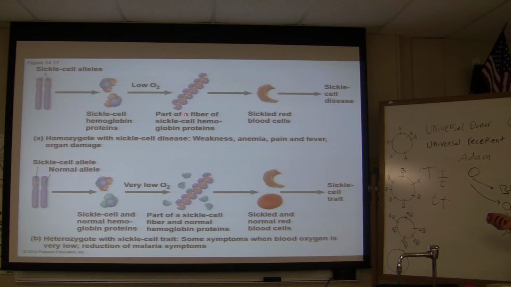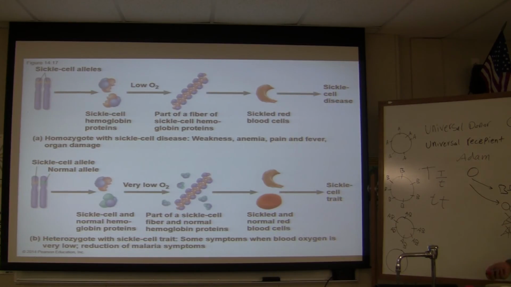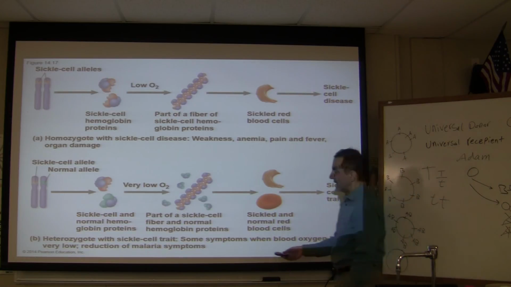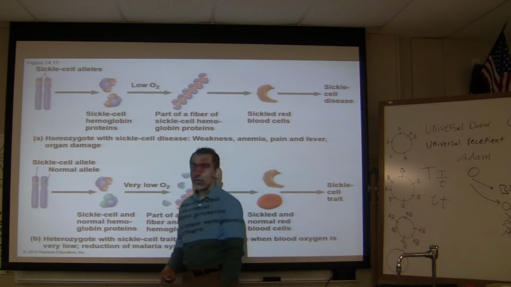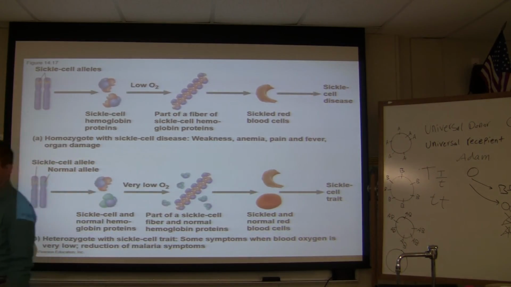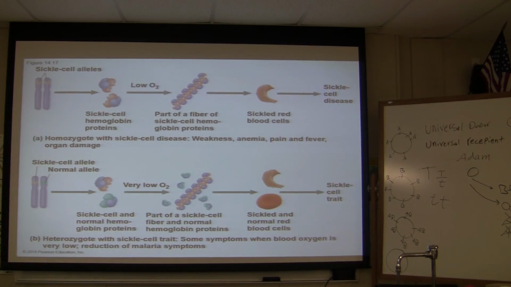And people who are heterozygous for sickle cell, in Africa, where there is a high rate of malaria, those people are relatively healthy. You can read about that a little bit more later on.